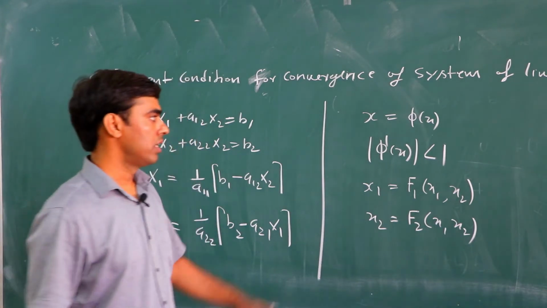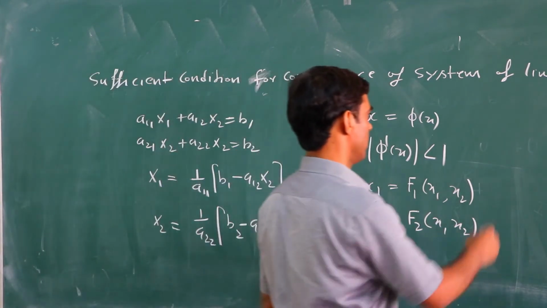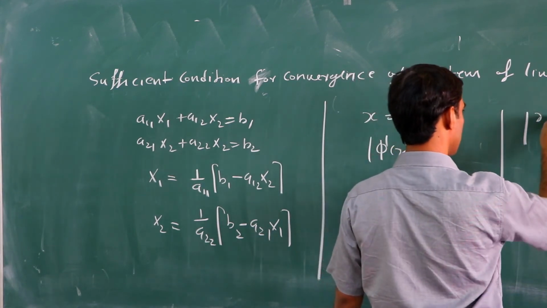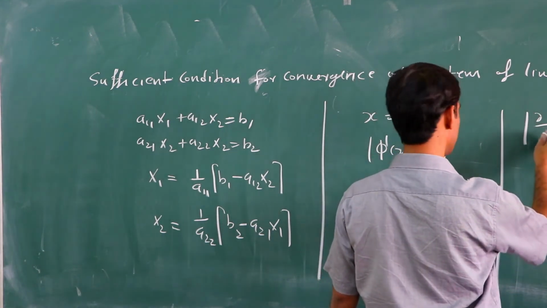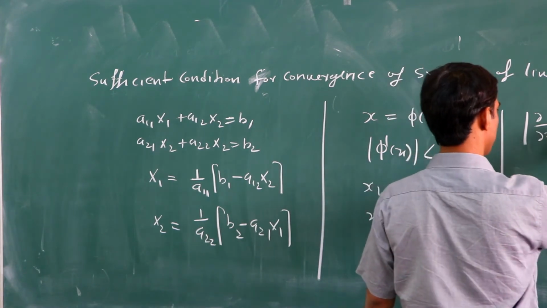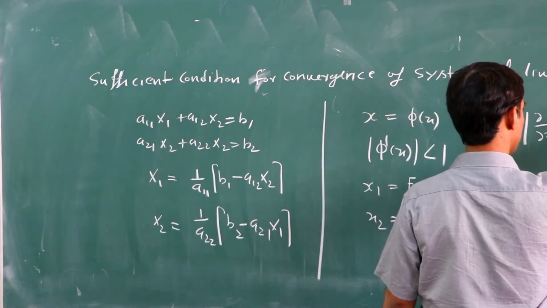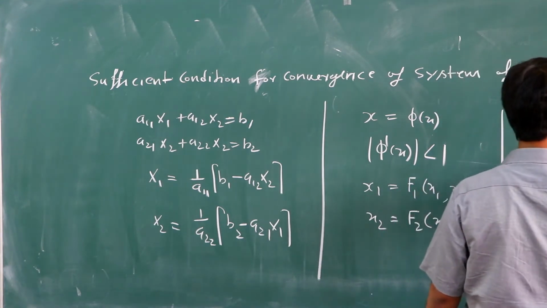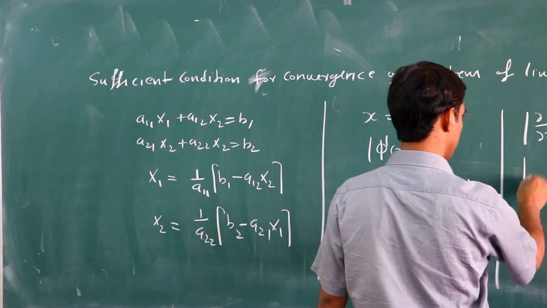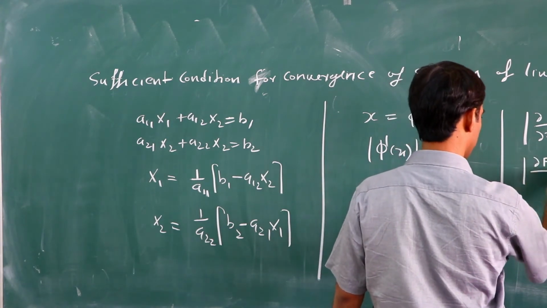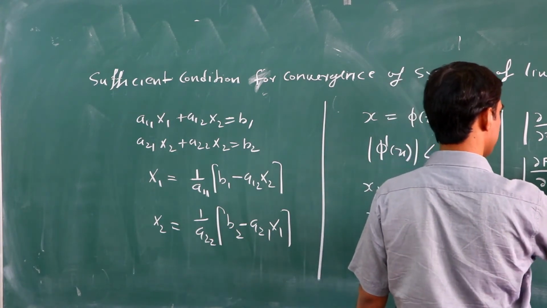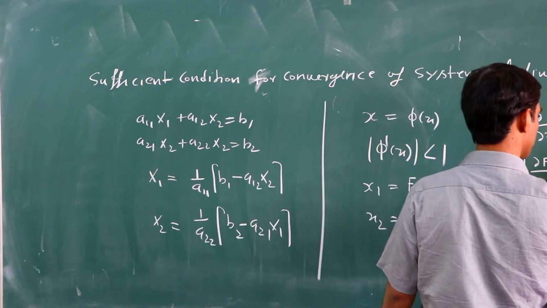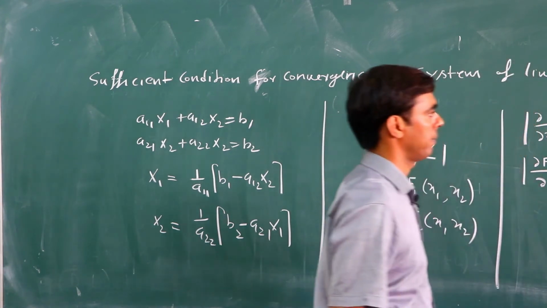Now, according to this, what is the criterion for convergence? The modulus of del f1 upon del x1 plus the modulus of del f1 upon del x2 is less than 1, and the modulus of del f2 upon del x1 plus the modulus of del f2 upon del x2 is less than 1.